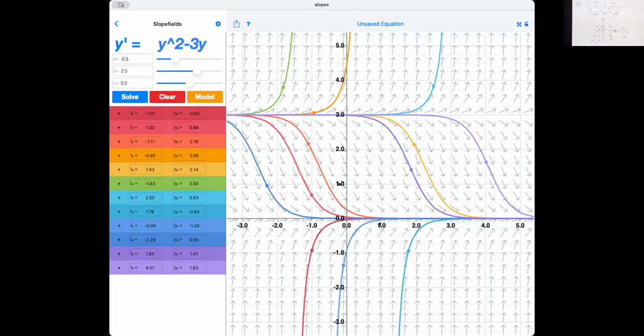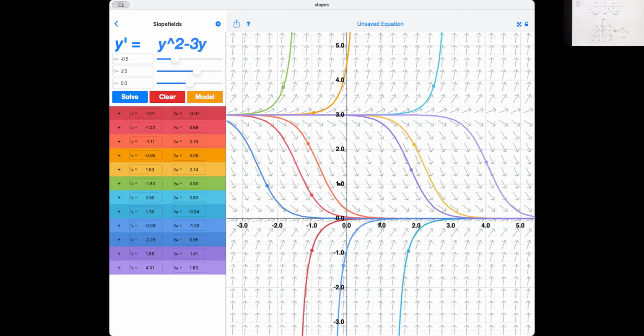When you are close to the line y equals 3, but slightly below it, your graph has a very small negative slope, just a little negative. But as you go down, that negative gets bigger. As you keep going down, it gets a little less negative until you're really close to 0 and it starts to flatten out completely. Every one of those graphs in the middle there is the same, except for how far left or right it is.